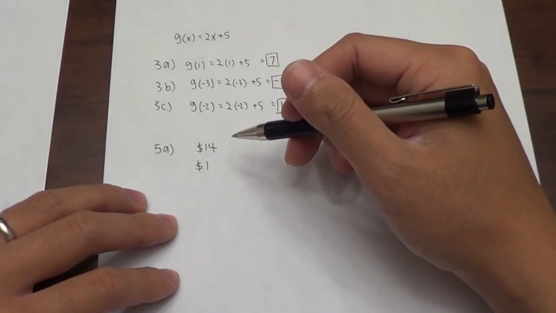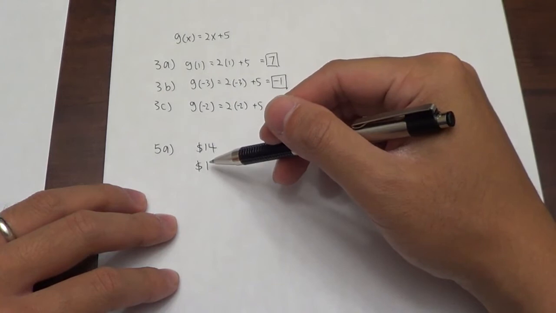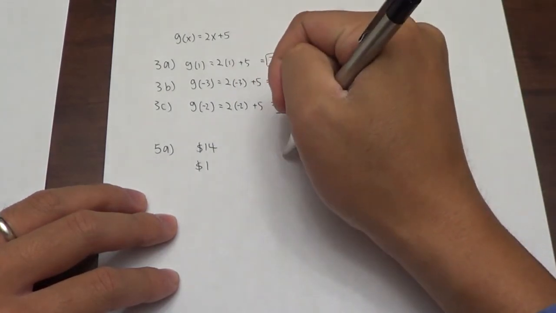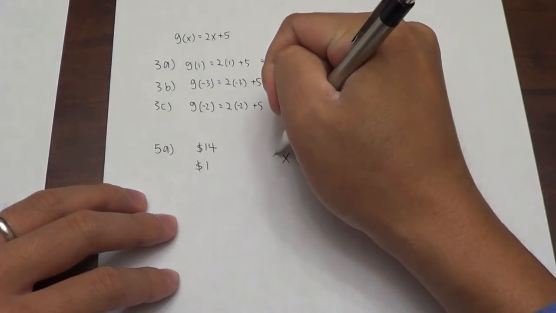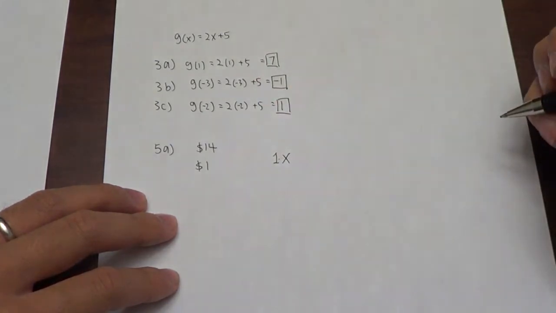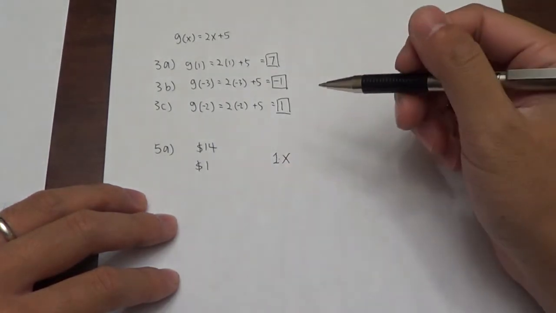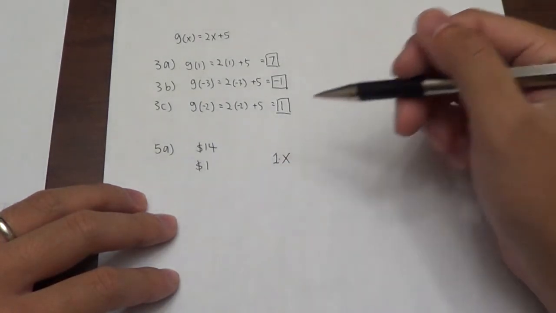If you think about it, again, $1 for every cake he makes. So if I make x amount of cakes, it would make sense that you're multiplying by the $1. Because if I make 5 cakes, it will cost me $5. If I make 10 cakes, it will cost me $10.